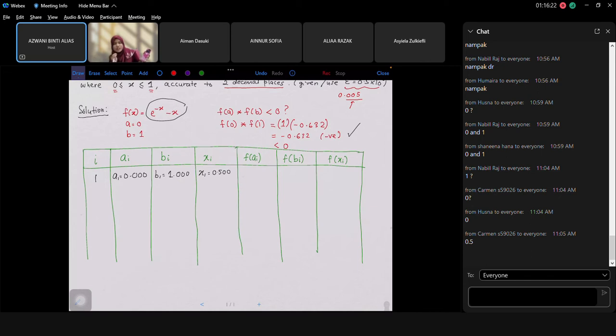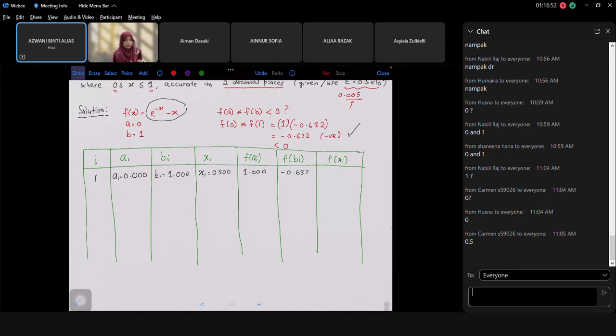Kalau diberi function tersebut dalam bentuk trigonometrics lah, ni adalah exponents, tak ada masalah lah. So ganti nilai, A kosong yang akan dapat 1 kan. B1 saya dah cari kat atas tu, dia akan dapat negatif 0.632.